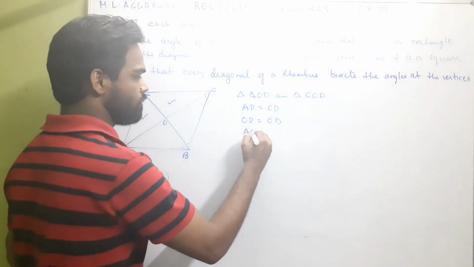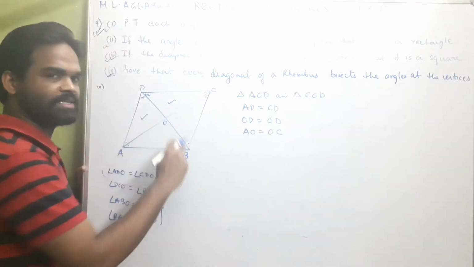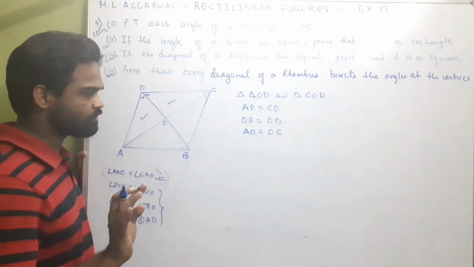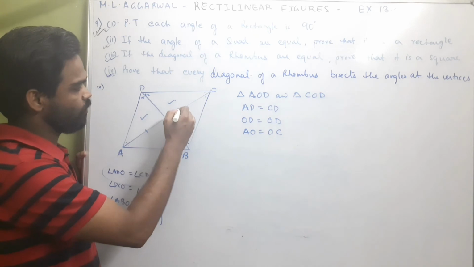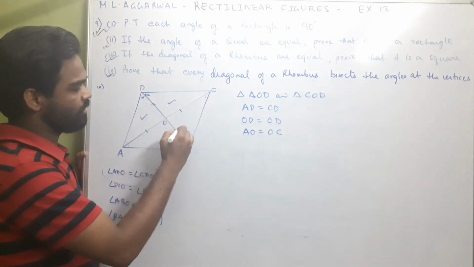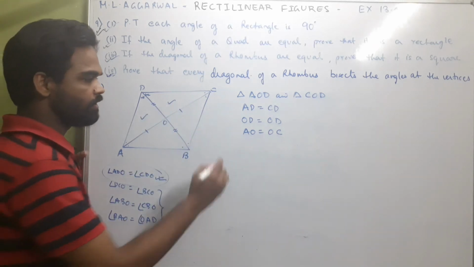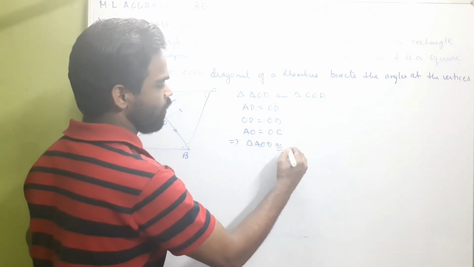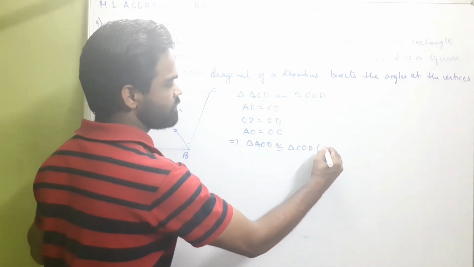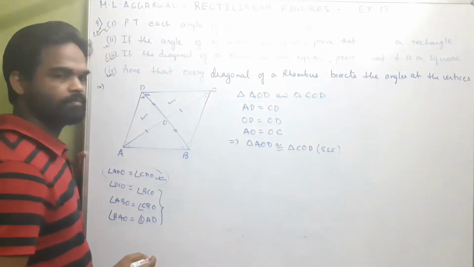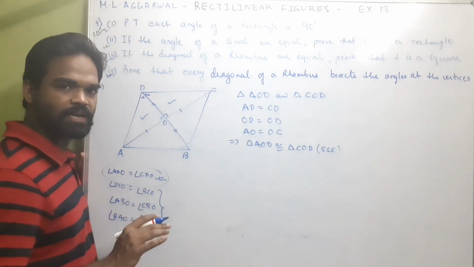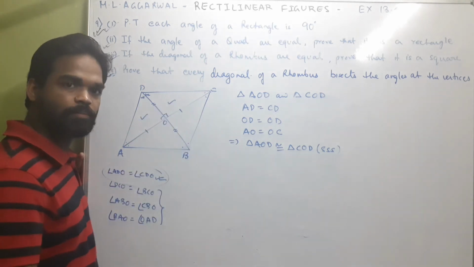AO will be equal to OC. Why? Because the diagonals of a rhombus bisect each other. Which clearly means triangle AOD is congruent to triangle COD, SSS. You can do it like this also. This is 90 degrees. We know the diagonals bisect each other at 90 degrees. So by RHS also you can prove.